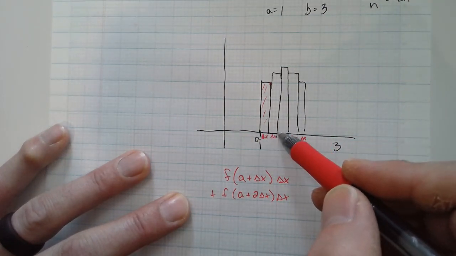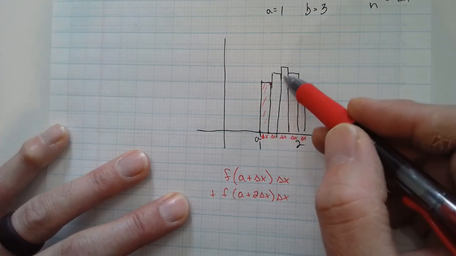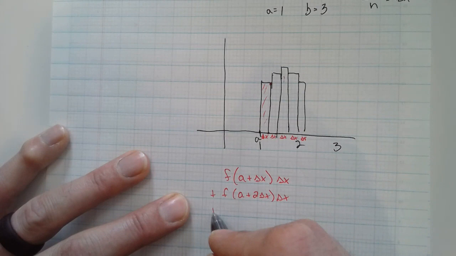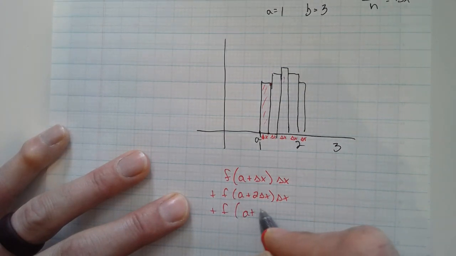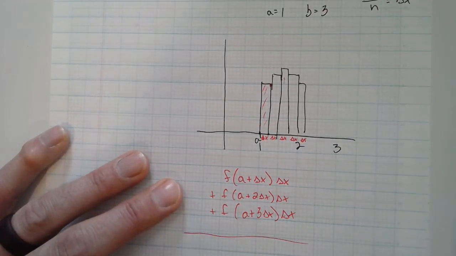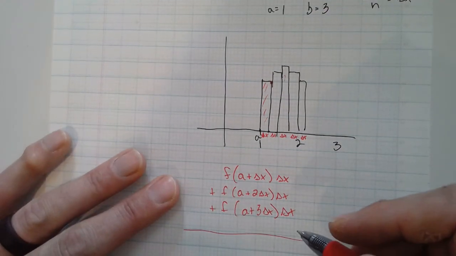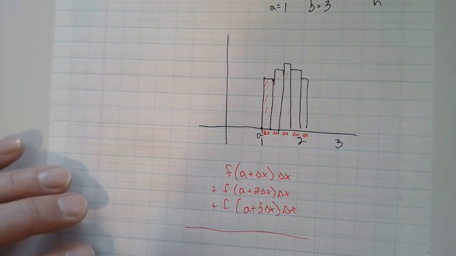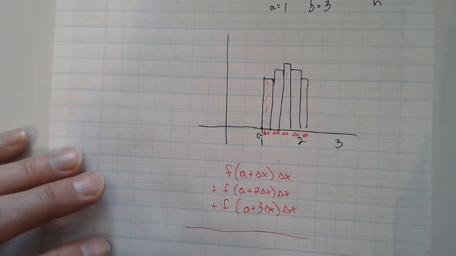So we go 2 delta x's to the right of a to find what our x value is and find f of that. So you can see where this is going, 3 delta x and so on. So if we add up all of them, we get our answer. And if we have an infinite amount of them, we have a limit to approximate our integral.